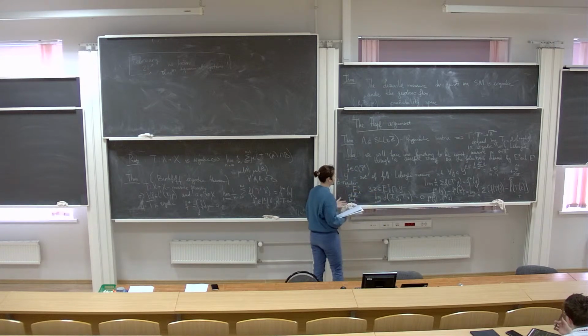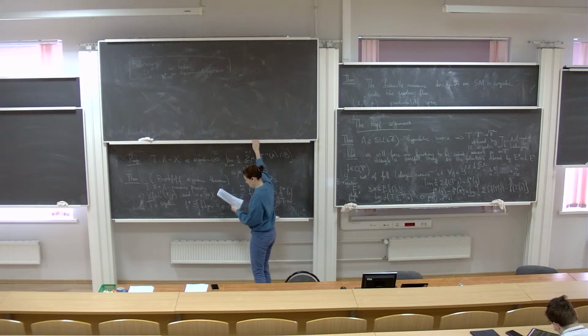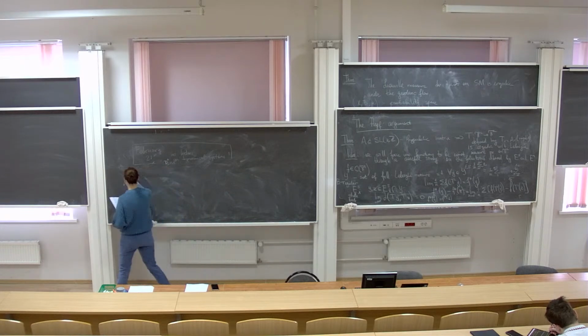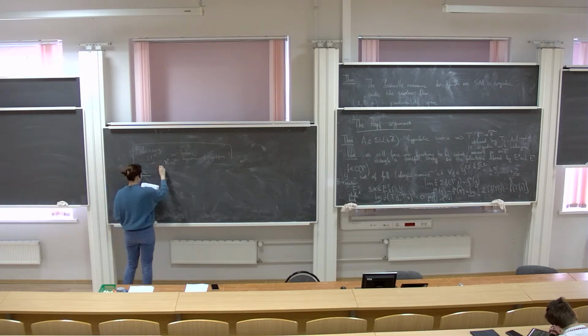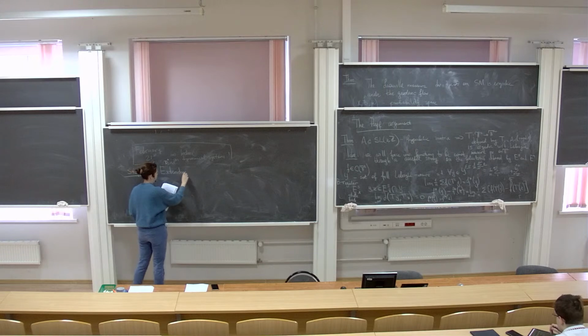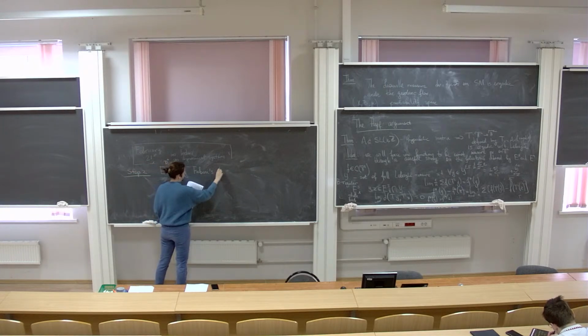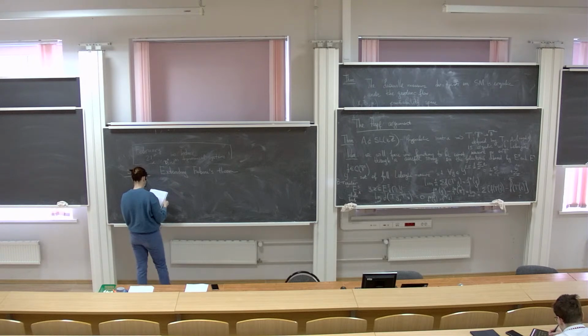Now it's the moment when we can try to apply. This was the first step, and we are going to make the second one. We want to apply Fubini's theorem. So we consider a part which is measurable.